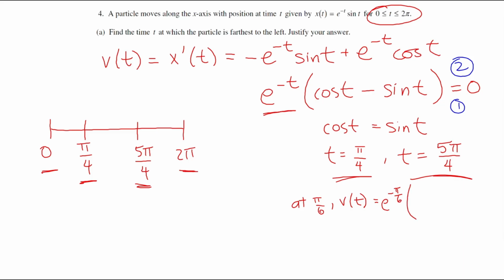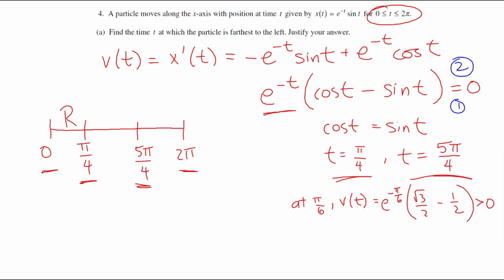And then the cosine of pi over 6 is root 3 over 2, and the sine of pi over 6 is 1/2. And of course, root 3 is more than 1, so root 3 over 2 minus 1/2 is going to be positive.